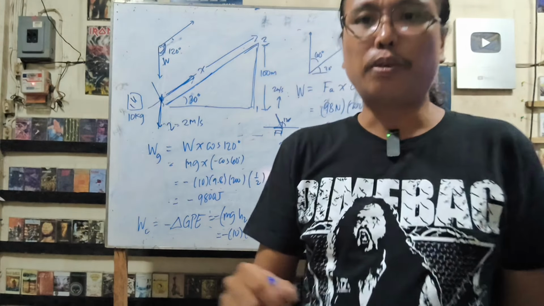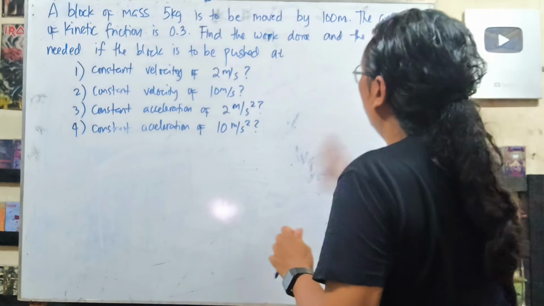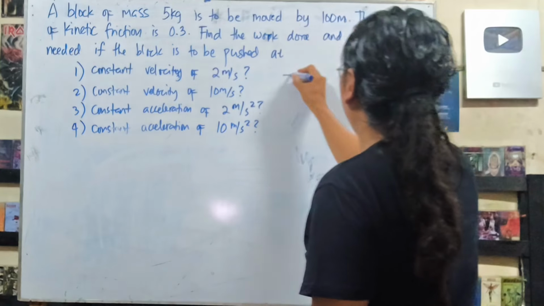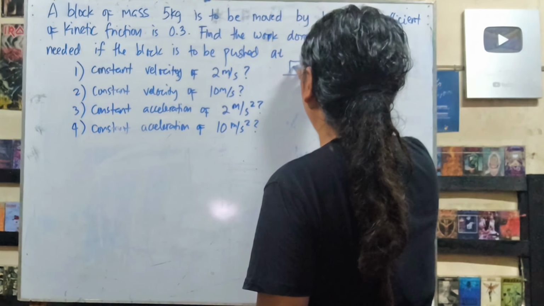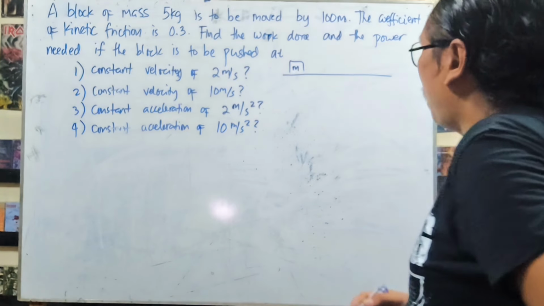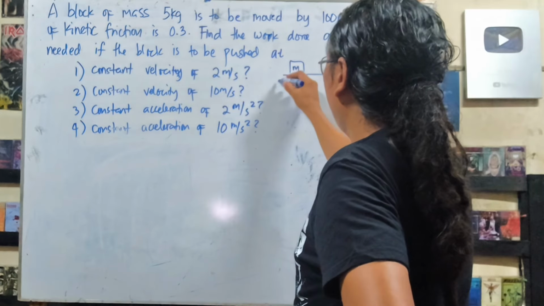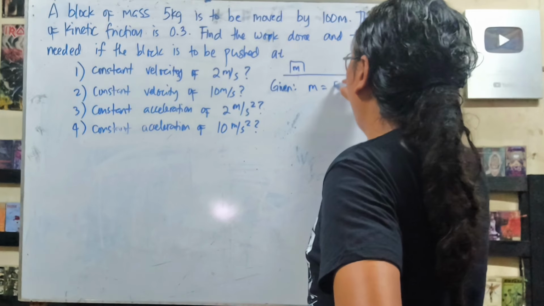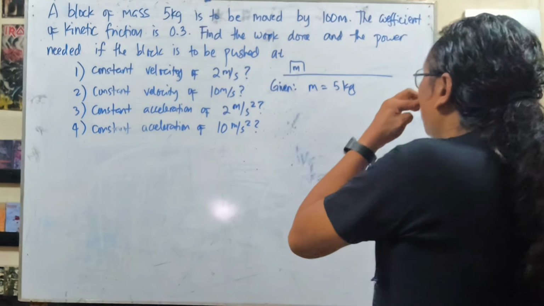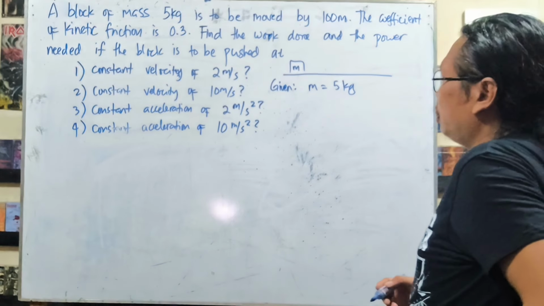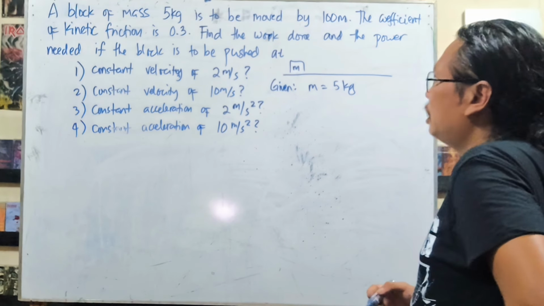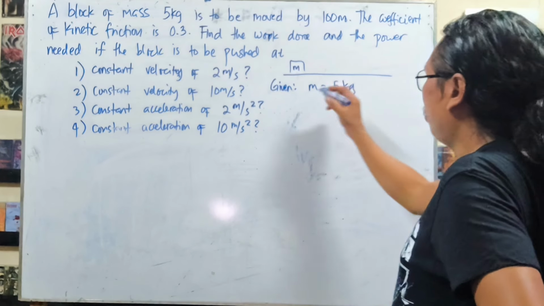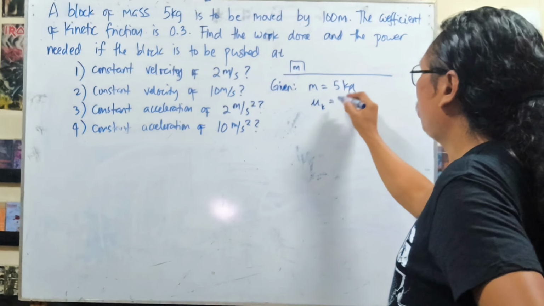Okay, next problem. We have a block of mass M, which is 5 kilograms. The given would be mass equal to 5 kilograms, to be moved by 100 meters. The coefficient of kinetic friction is 0.3, because this is moving.